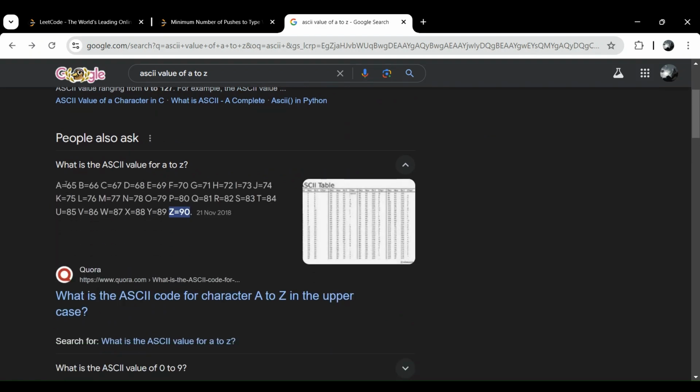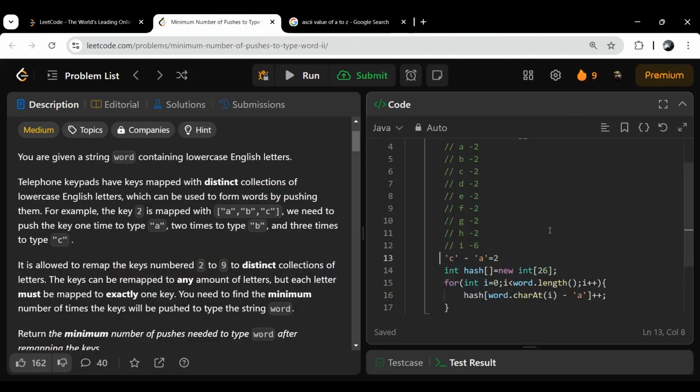yes, ASCII values of A to Z. Here A is 65, these are capital letters. Okay, so 65, 66, 67. If we subtract C minus A, then we will get 2. Similarly, the values will be for the small letters, and we get the same difference.